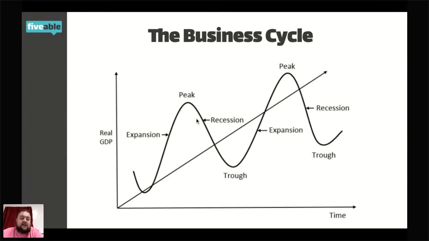At some point, you hit some type of peak, and there might be some event that then causes a slowdown, or what we call a recession. A recession is just when we have multiple periods in the economy, or quarters, because we measure our economy by quarter, where things start to slump. The stock market goes down because people start to be laid off, because people aren't buying as much now.